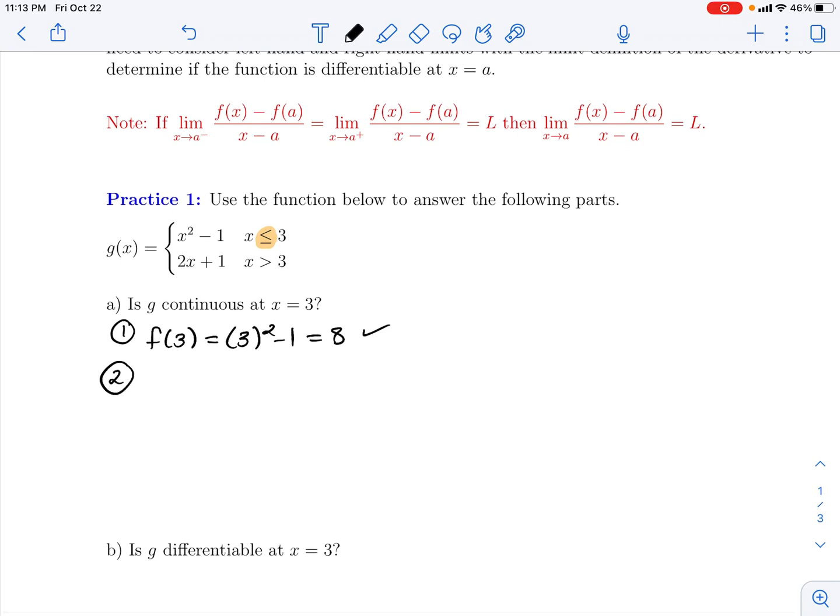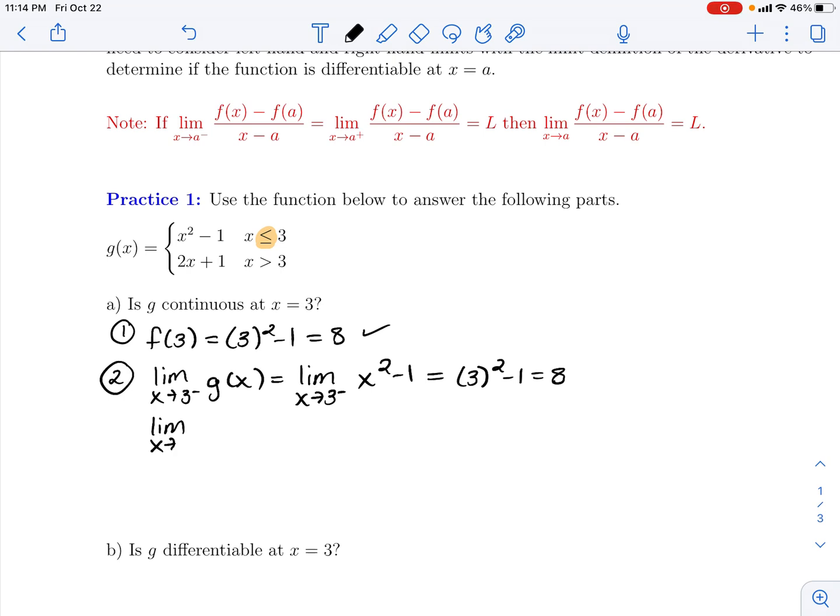Now I need to check if the limit as x approaches 3 exists. Since I'm switching at x equals 3, I need to consider the left-hand and right-hand limits. From the left, I'm going to use the top function. So I get the limit as x approaches 3 from the left of x squared minus 1. Plugging in 3 for x, I get 3 squared minus 1, which is 8.